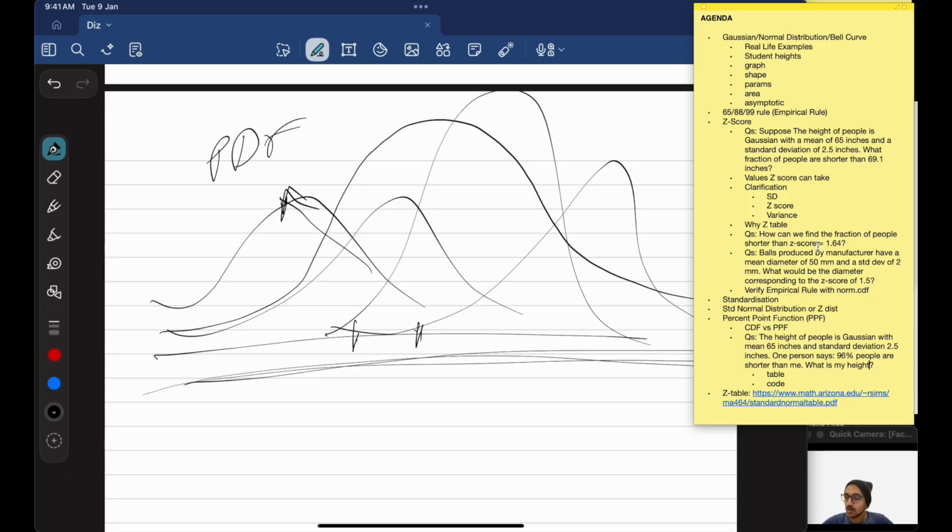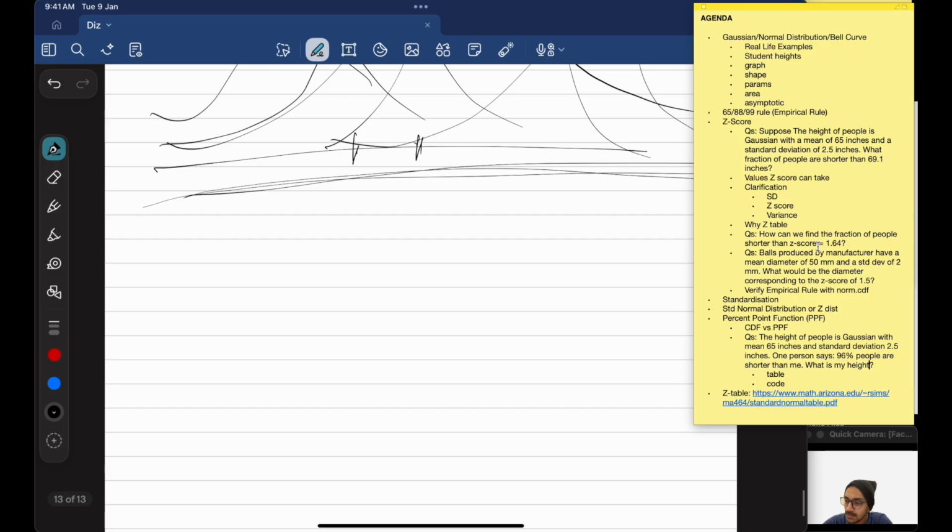So to avoid that, statisticians decided to standardize all these normal distributions into one single normal distribution called the standard normal distribution.